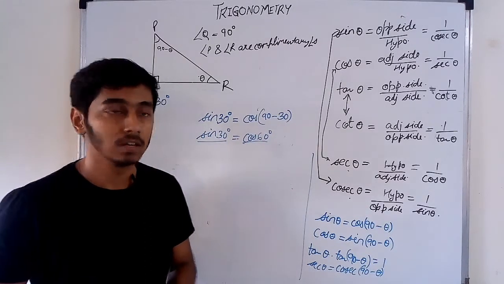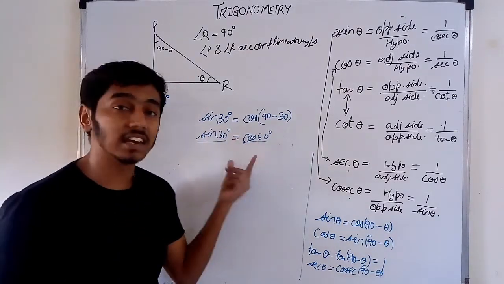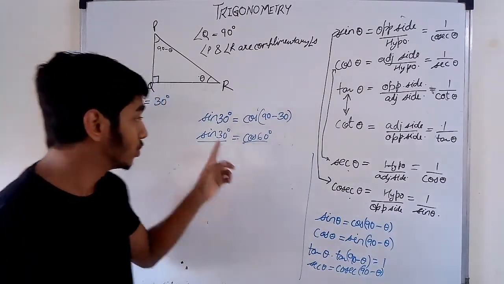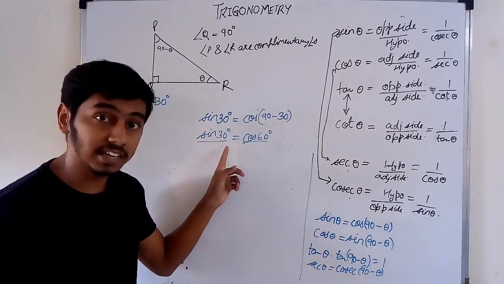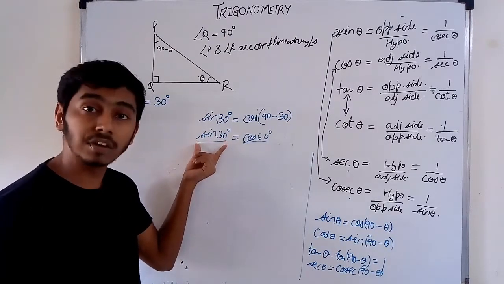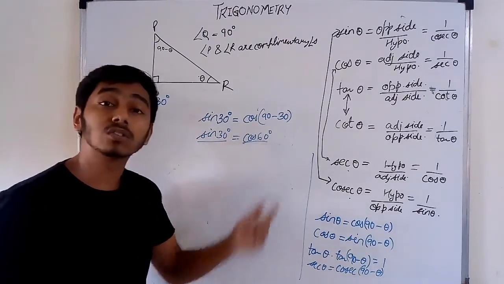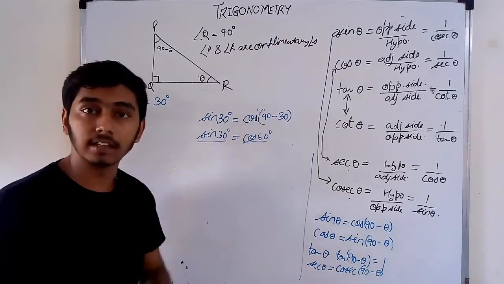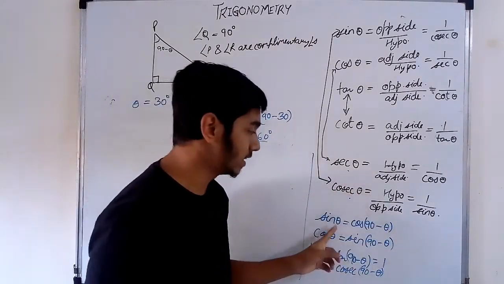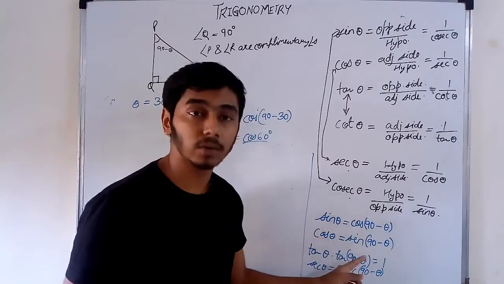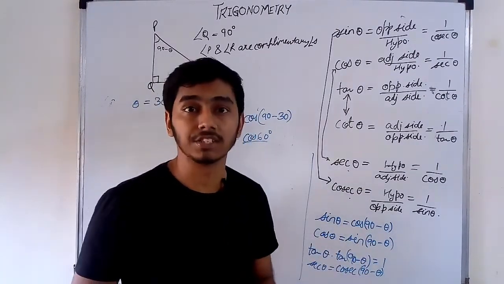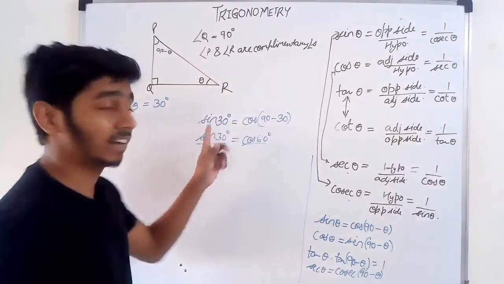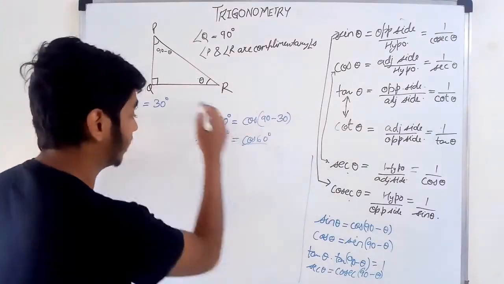Getting? So here this is the relation between trigonometric ratios. If you take sine of 30 degree, you get the same as cos of 60 degree. I hope you are understanding this. This is why we find the relation between sine and cos, all these relations. Now let us substitute theta as 60 degree.